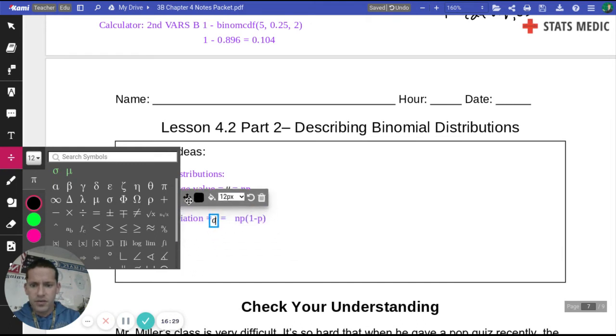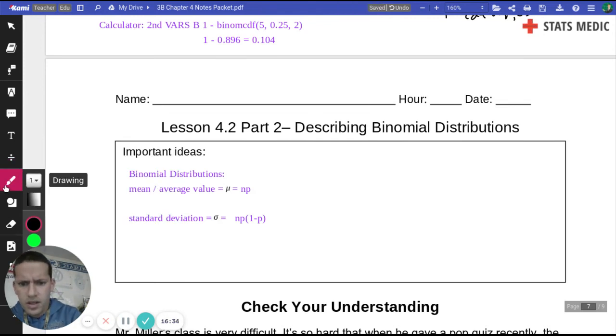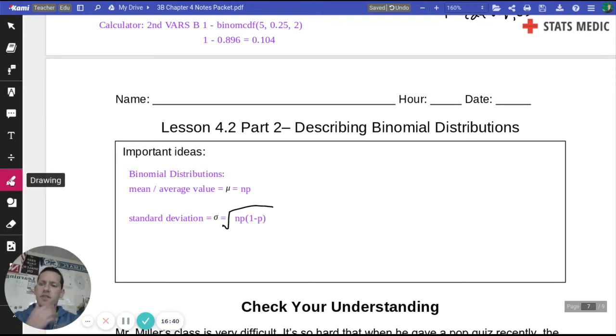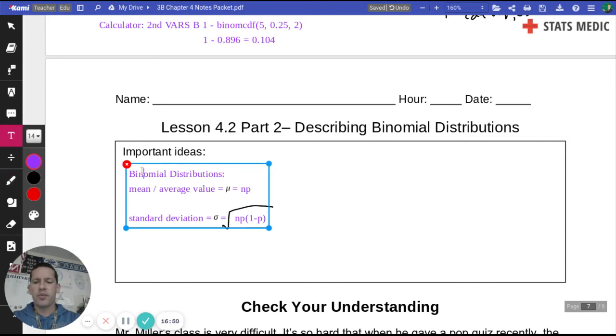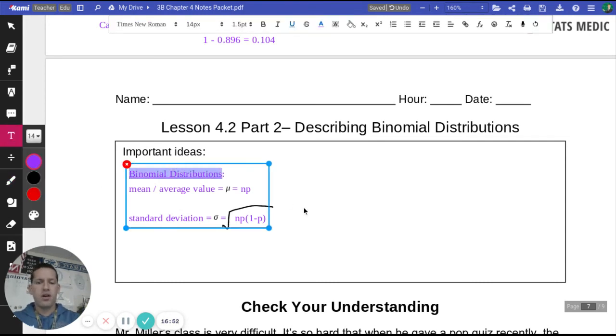Put a sigma in, and I'm going to draw in a square root symbol as well. So if we know the number of trials and the probability of success, we can quickly calculate the mean and standard deviation, but we have to go through and determine bins first, and that was our last class chatting about bins.